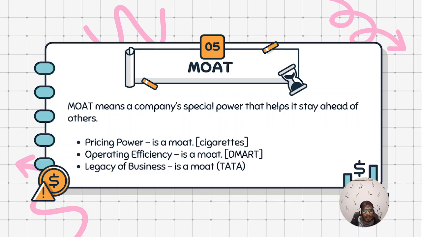DMart has a legacy of operating efficiency, so it's a moat for them. Tata has a legacy of business, so it's a moat for them. So a moat can be of different types: goodwill, pricing power, operating efficiency, or the legacy of a business, which makes your product or your company stand out from others. Okay, so we have understood the concept of moat.